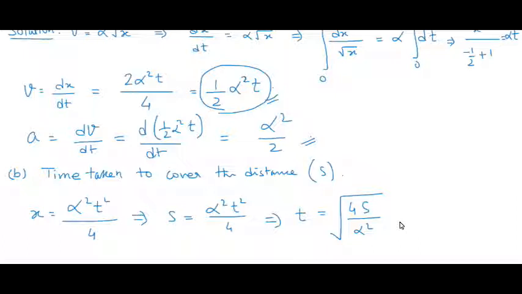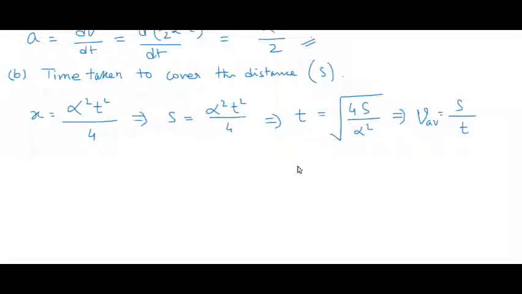Now we got this. Now the average velocity v average will be equal to total distance by time. So what is the total distance?